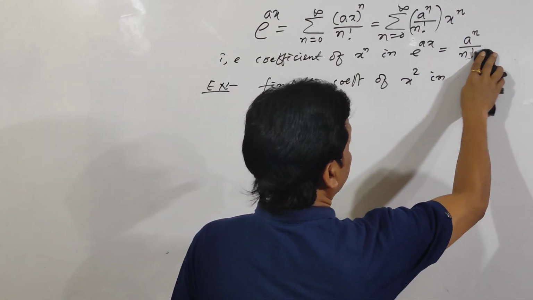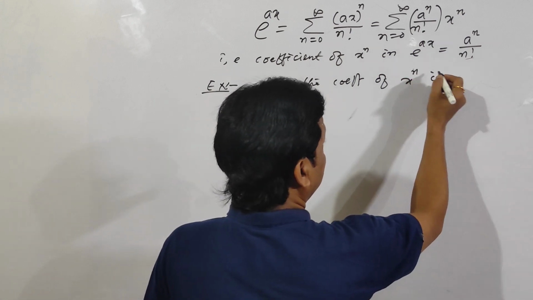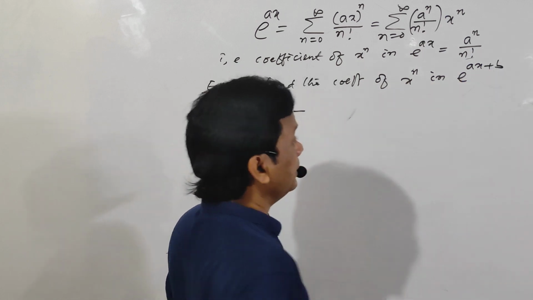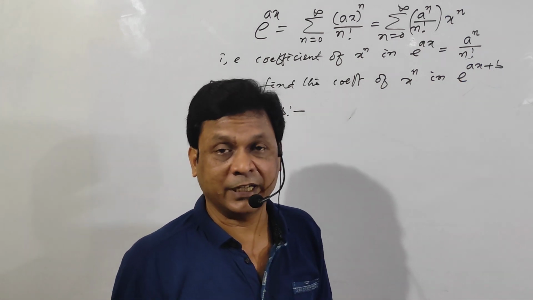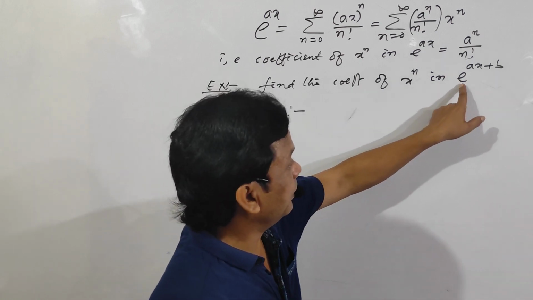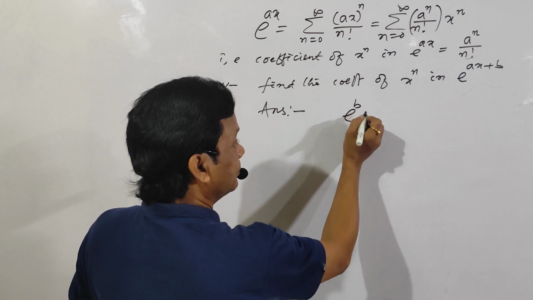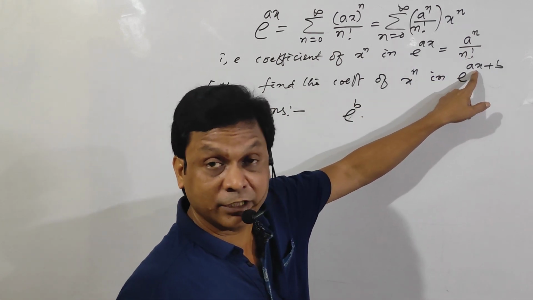Another question. If this will be in the form of a and b, so how to write? x to the n in e to the power ax plus b. That means this is the general formula, and you can apply the formula directly. You can write e to the power ax into e to the power b. So e to the power b is a constant. Now, what is the coefficient of x to the n in e to the power ax?